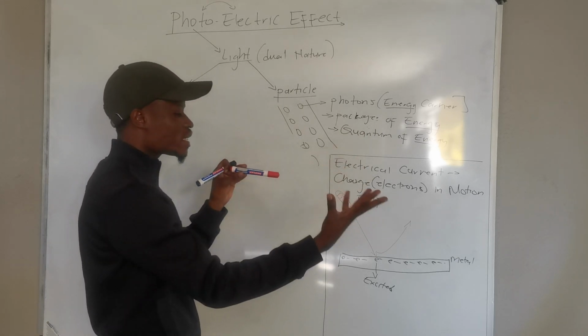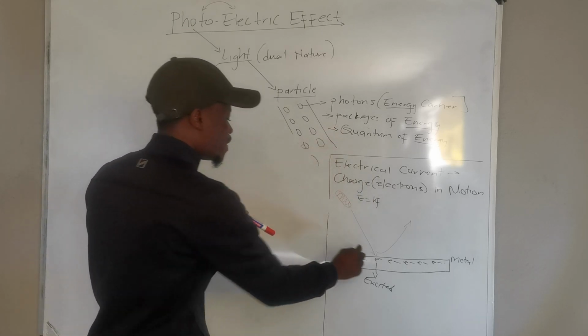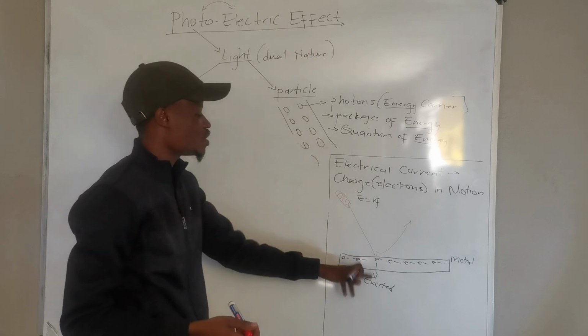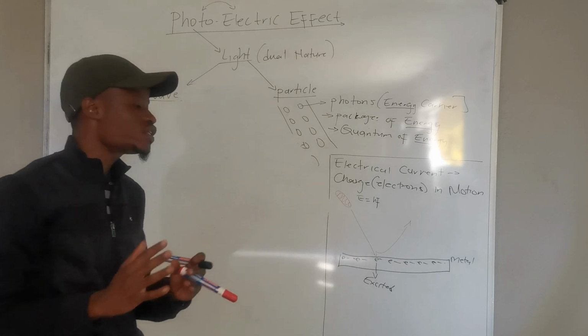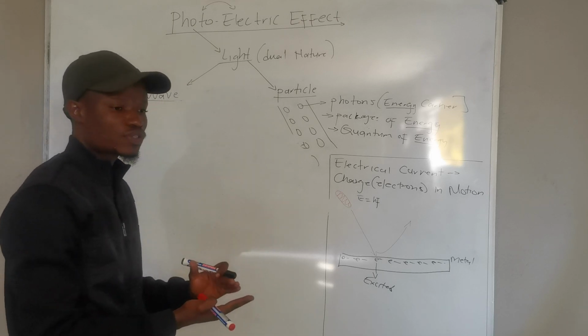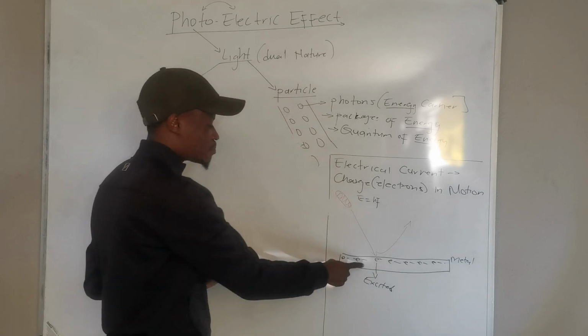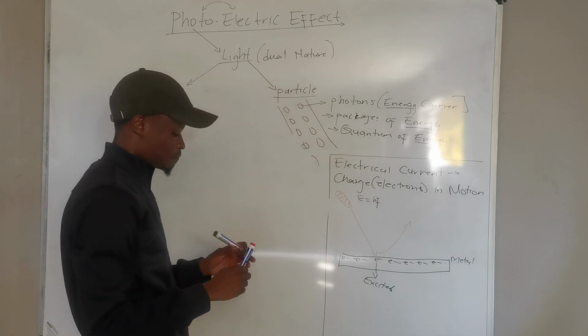So the energy that comes here must be greater than the energy that the electron is bound to. I'm using energy there so that I don't have to use the bond, because if I use the bond, we might miss something that I want to explain here.